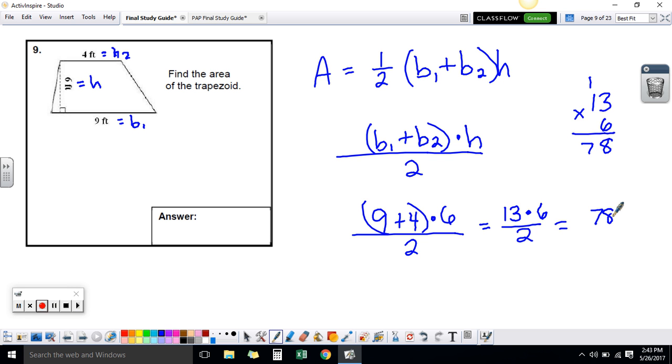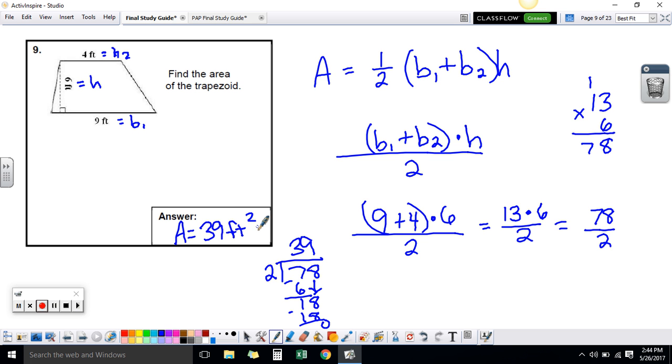So I've got 78 divided by 2. 2 goes into 7 3 times. Subtract, bring down. 2 goes into 18 9 times with no remainder. So the area of our trapezoid equals 39 square feet. You put the little feet and the 2 for square feet.